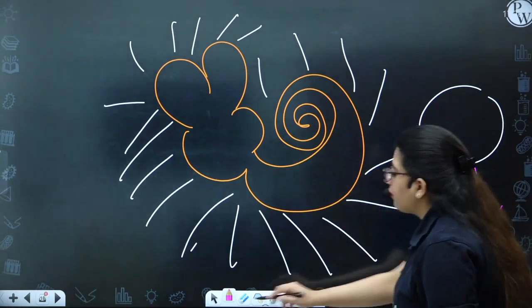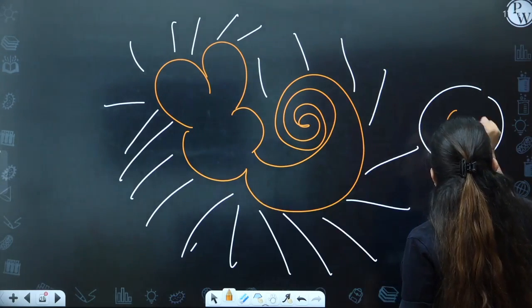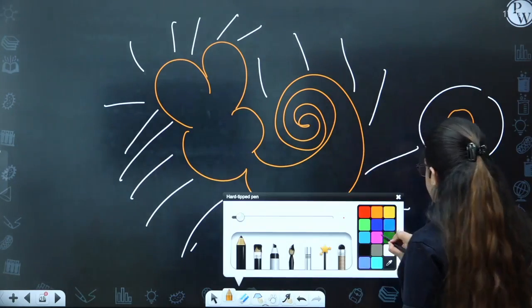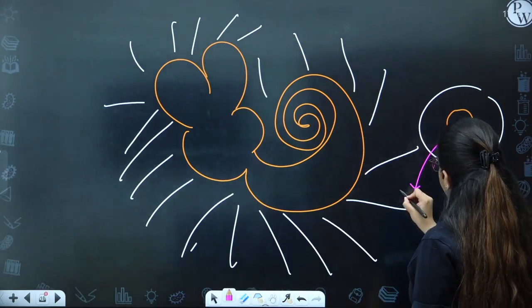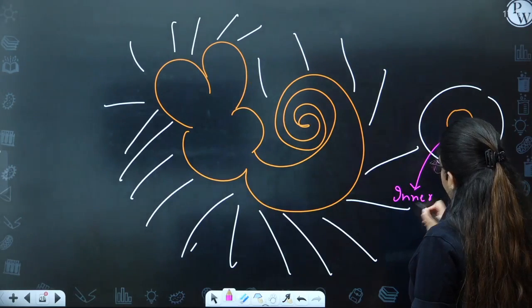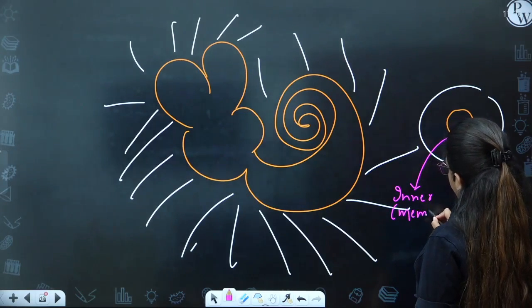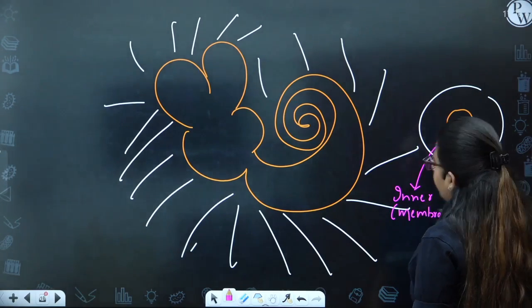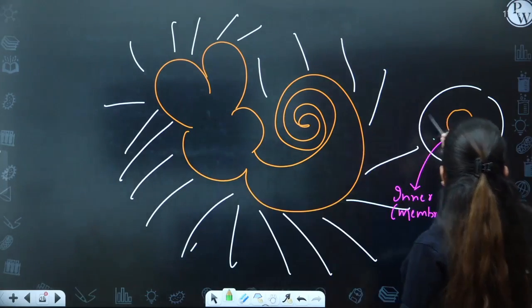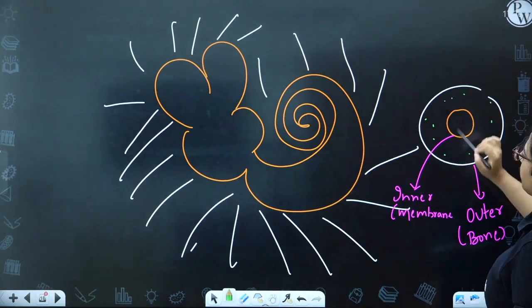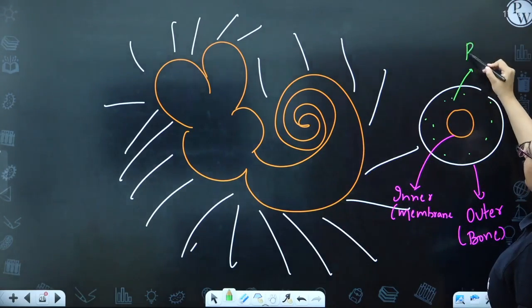Inside what do we have? Membrane. So the inner labyrinth is made up of membranes. And here you'll see certain fluids are present. This fluid is perilymph.